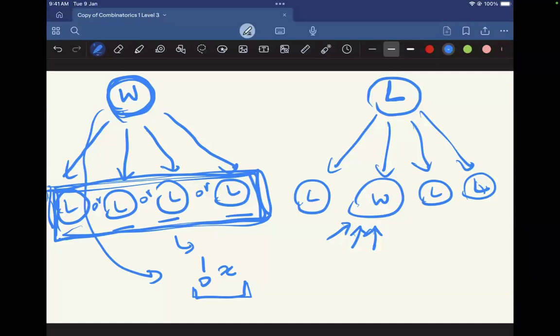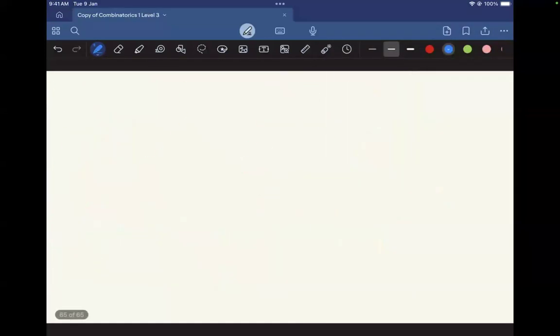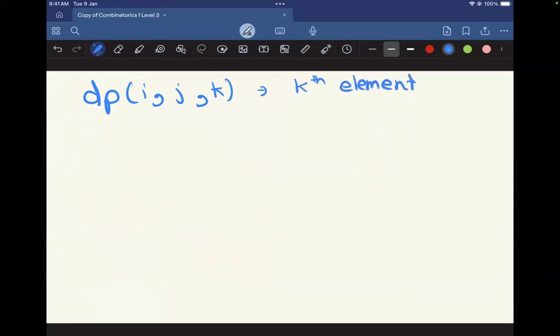Yes? Okay. So guys, now we are going to bring up our DP solution. DP[i][j][k] represents that I need to search for the kth element in my array, in the subgrid (i, j) to (n-1, m-1).